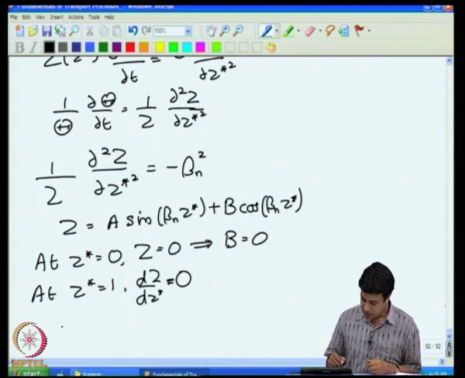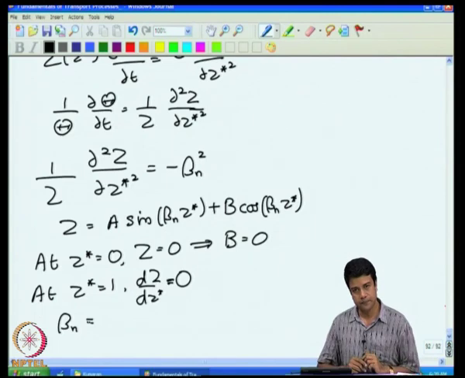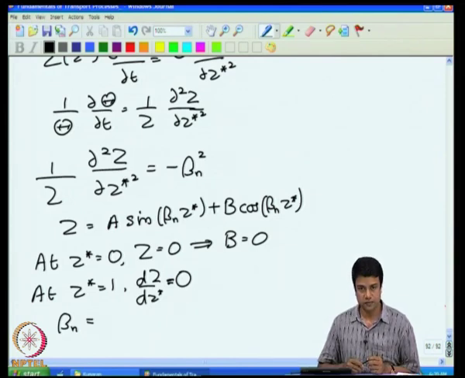And this implies that the slope of the sine function, d by dz star of sine beta n z star, is equal to 0. That means that cos beta n z star has to be equal to 0.